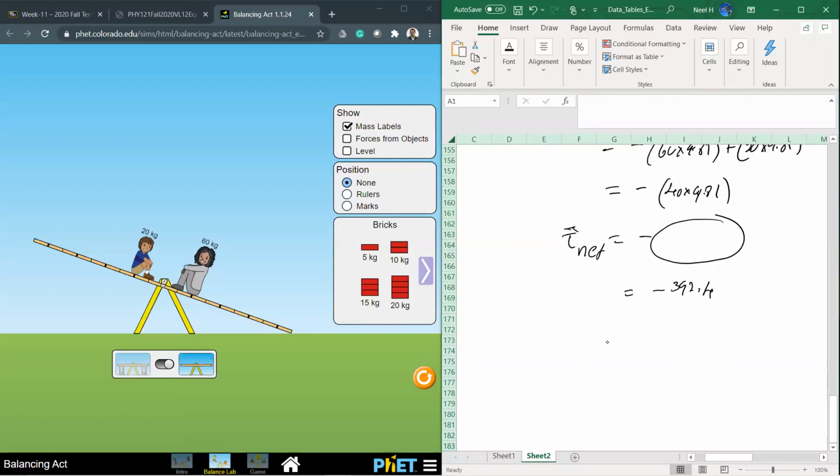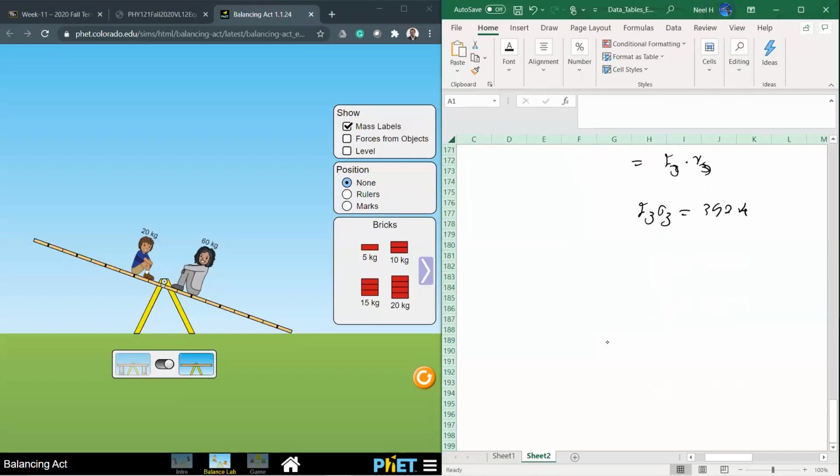Then I can argue that this should be equal now some third force F3 times the R3. Now all we have to do, force F3 times the R3 is actually equal 392.4. Force F3 equation is telling 196, right? So then I can easily find the R3, 196 times R3, which is equal 392.4.